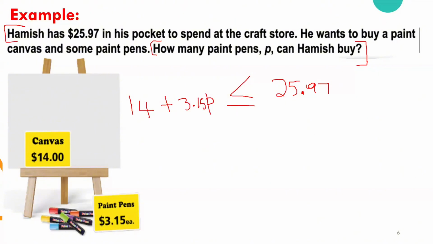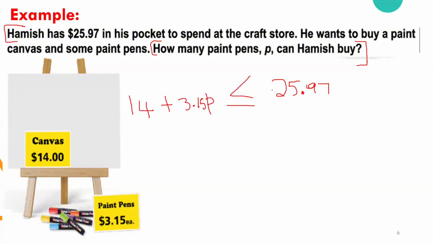Whatever number of paint pens he bought, we are going to multiply by the cost per paint pen, which is $3.15 each, plus the canvas he bought. That should give us the total money he has in his pocket or less. So this is our inequality.